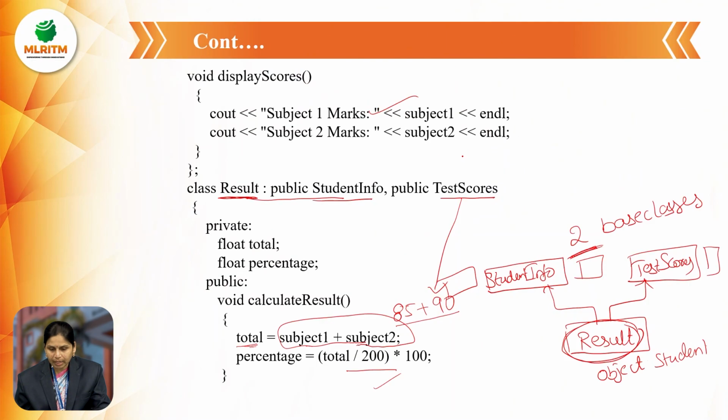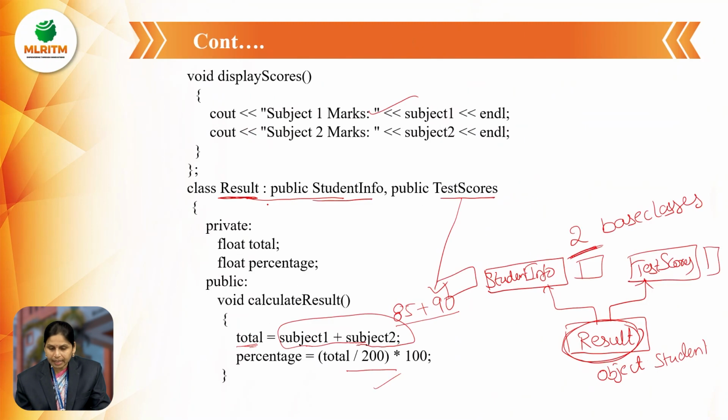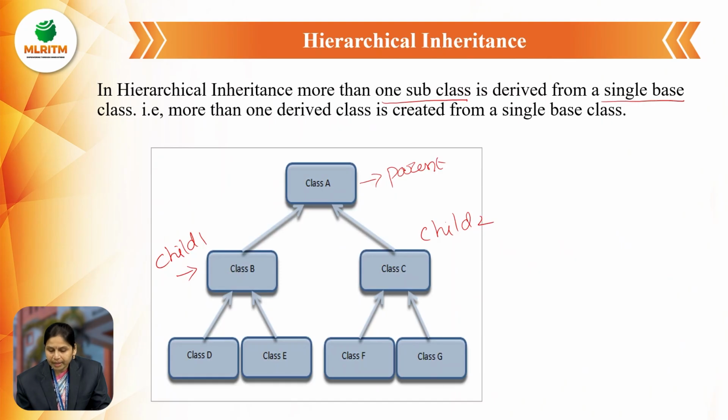So what is multiple? There is only one child class, more than one parent class. But in hierarchical inheritance, there is only one parent, and there are multiple child classes. So, more than one child derived from a single parent is called hierarchical inheritance.